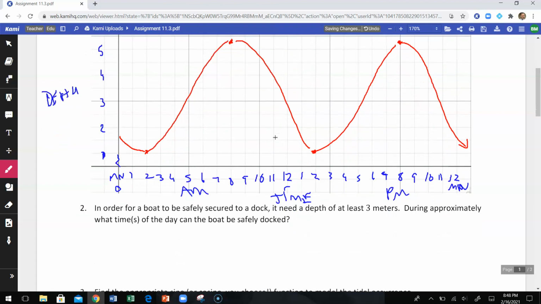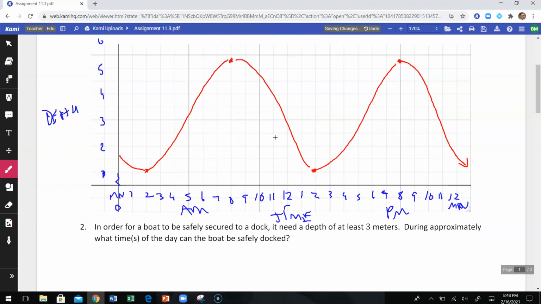The question is, in order for the boat to be safely docked, we need a depth of at least 3 meters. During approximately what time of the day can the boat be safely docked? So we want to look at 3 meters and see over what time slots that happens. I was a little off with part of the graph here.